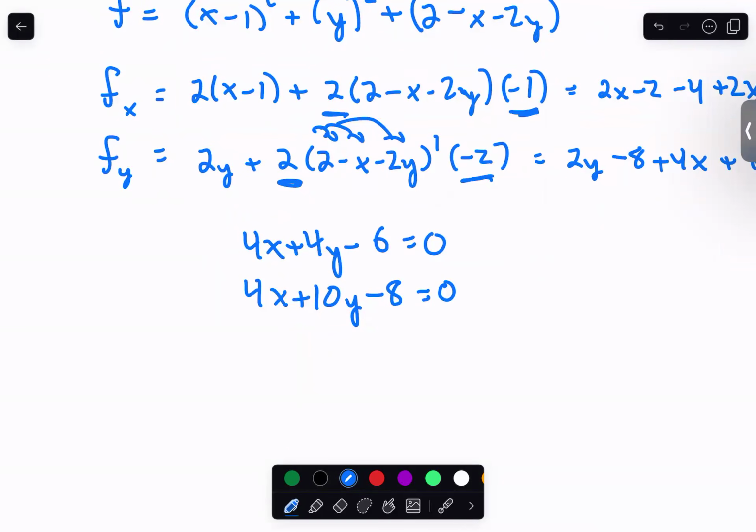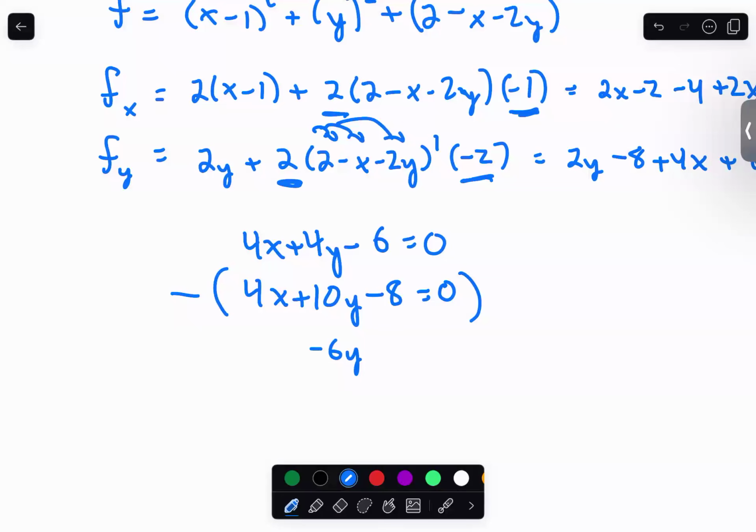Now we have our system of equations that we need to solve for x and for y. This is nicely set up. They both have 4x here. And so instead of using the substitution method, I would probably use linear combinations and just subtract one from the other. So when I do that, I'm going to have what? 4x minus 4x, that's 0. 4y minus 10y, that's negative 6y.